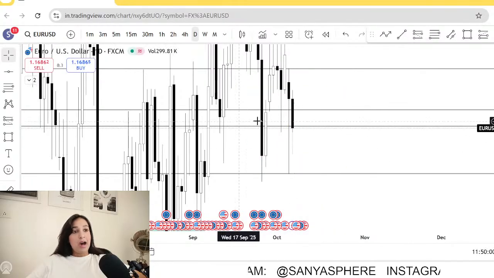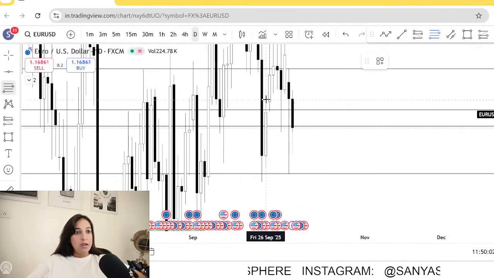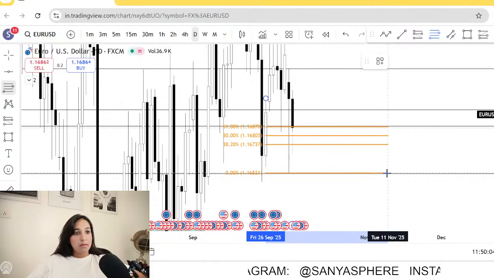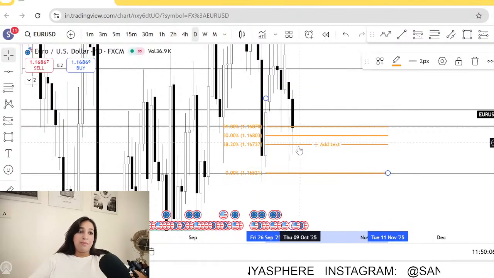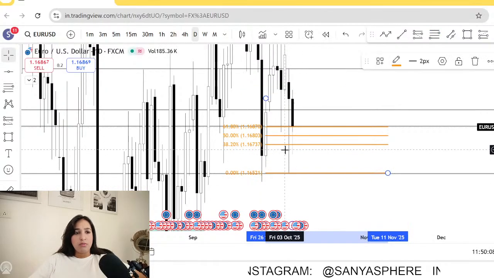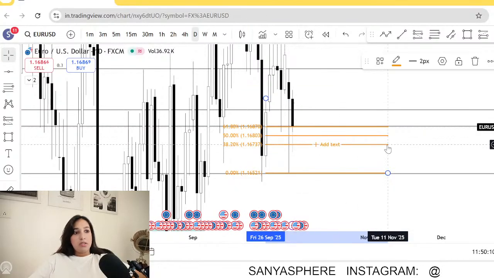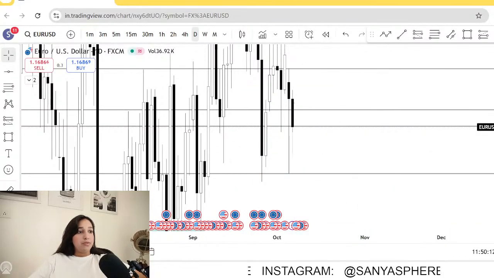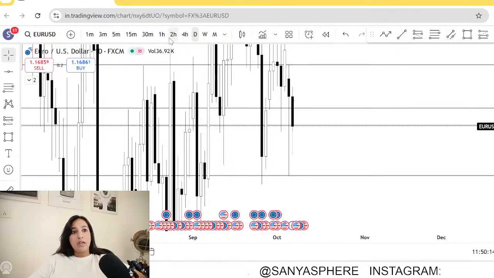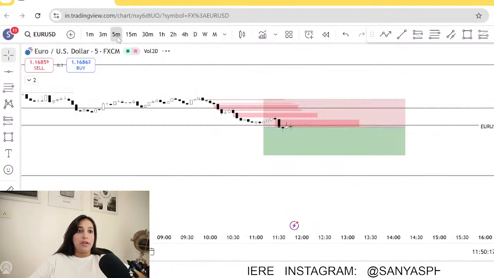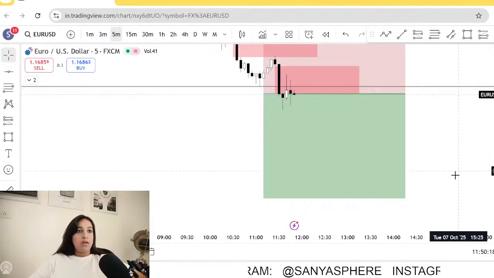So I need half of the percent to be filled. If it flips from here, 50 to 38%, then it might be a reversal. But if it continues, then we are good with the trade. Let's see.